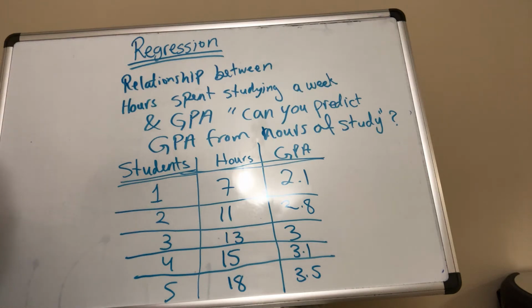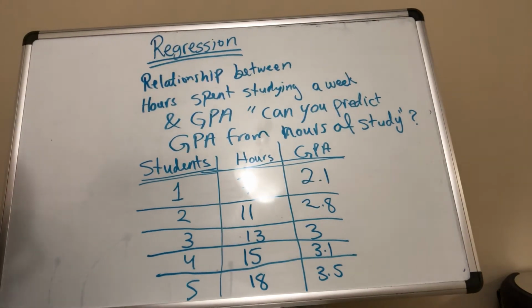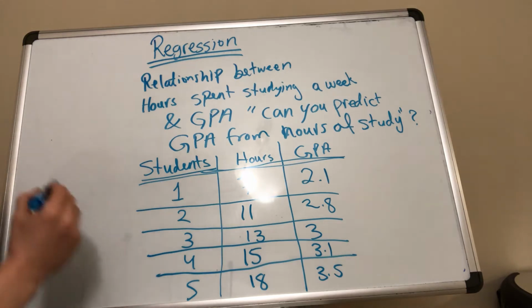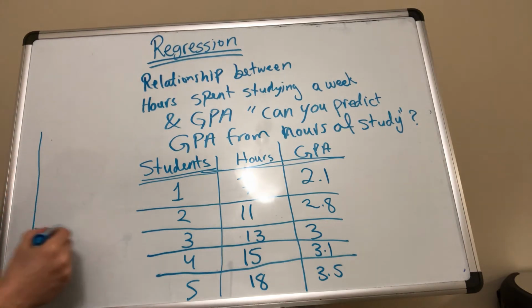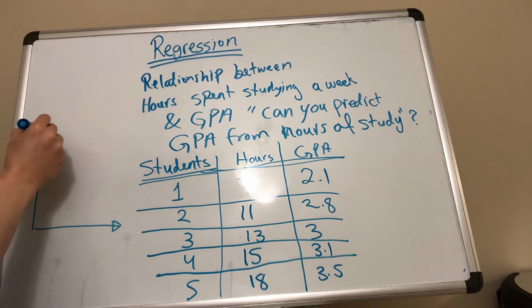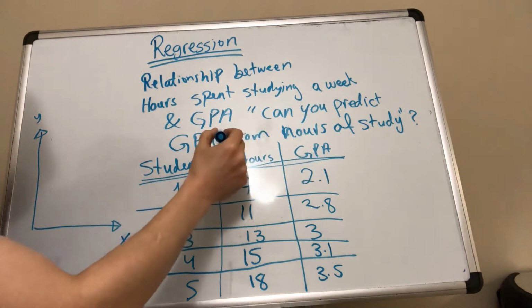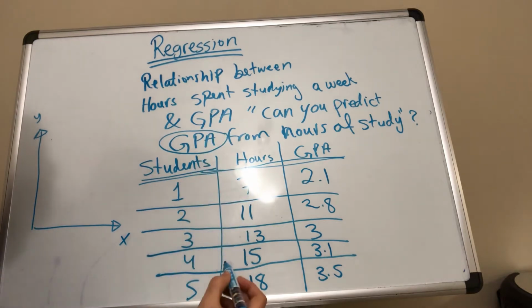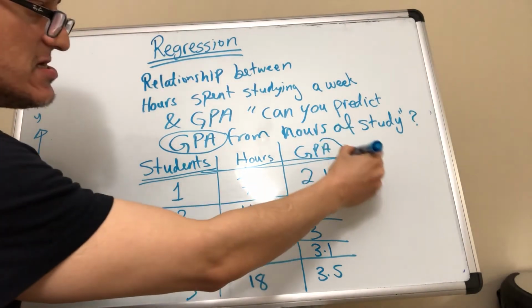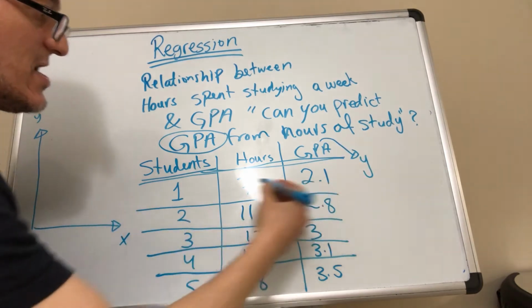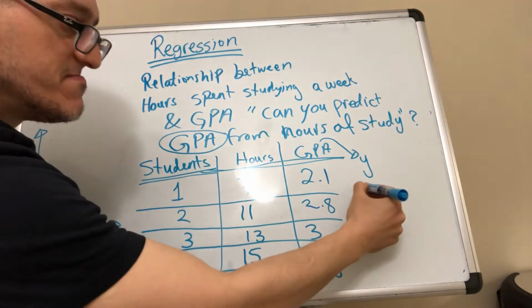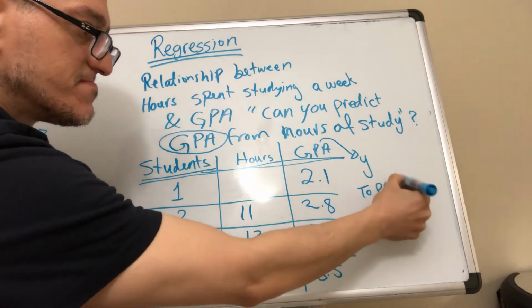Now, if you try to do what's called a scatter diagram for this, you have your y-axis and your x-axis. The question here is we're trying to predict GPA. Whatever you're trying to predict is your y.